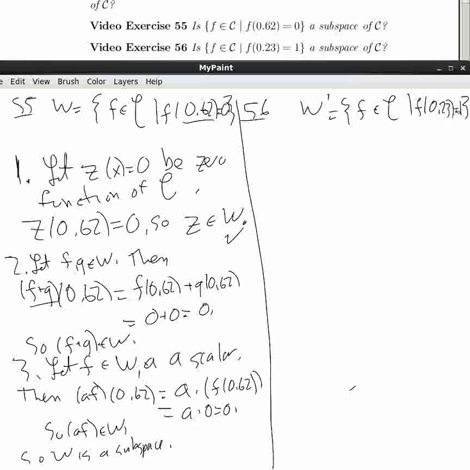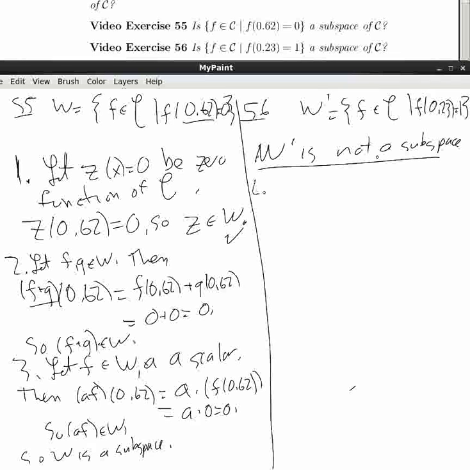Let's contrast this over here. I'm going to show you 3 different ways that W prime is not a subspace. You only need one of these.